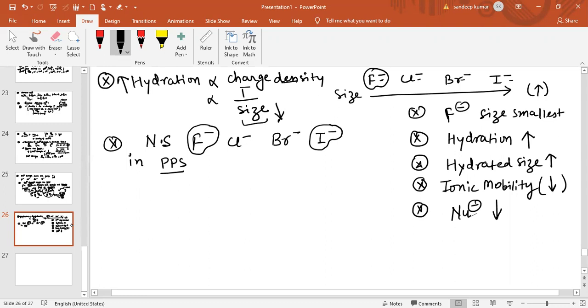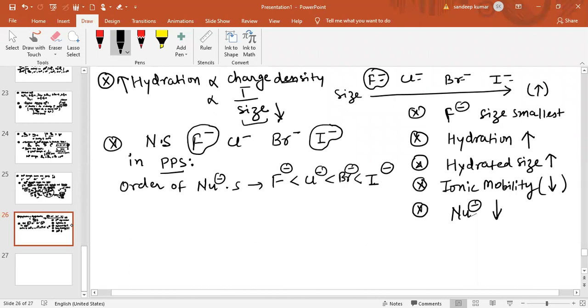So the order in polar protic solvent: I minus will be the strongest nucleophile, F minus will be the weakest nucleophile, then Cl minus, then Br minus. So this is the correct order.